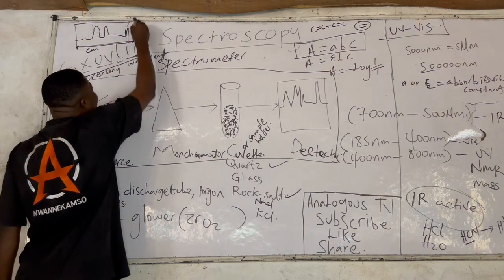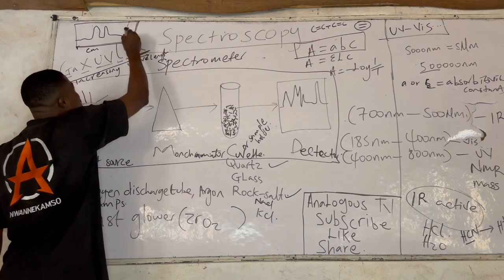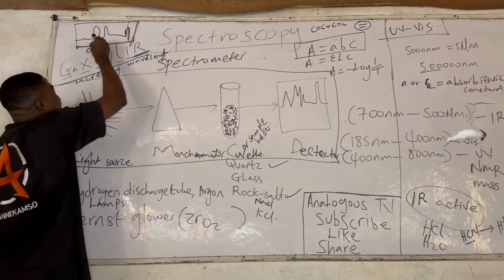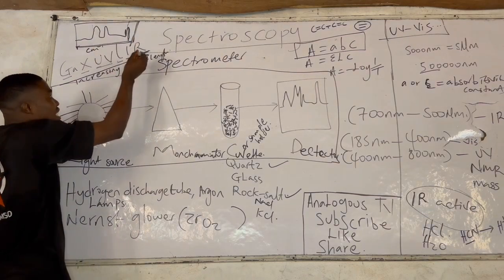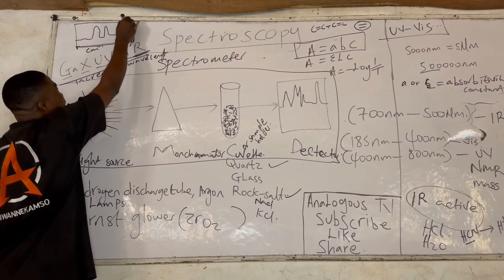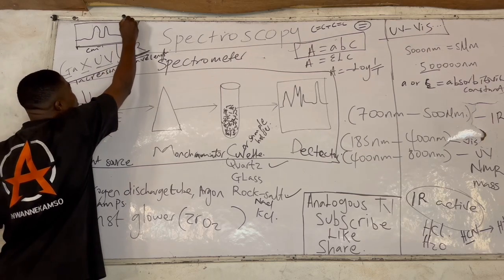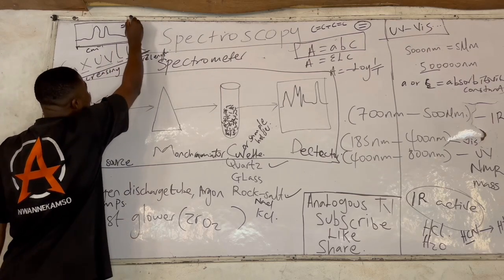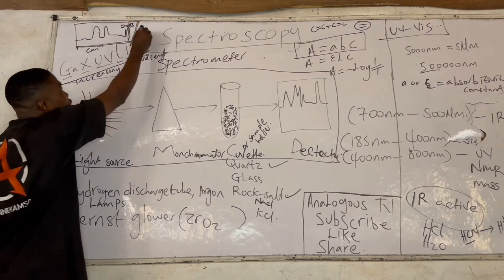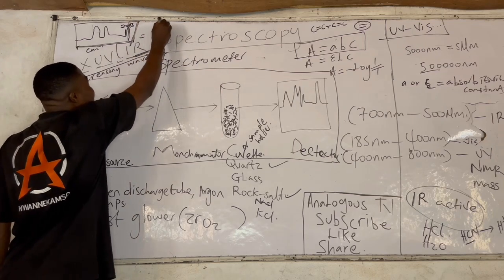Then here is what's called absorbance. So you see it is absorbed at so many per centimeter, depending on the graph. So we'll see, let's say this place can be 2083 per centimeter, which can be unique for a double bond or unique to a triple bond, like that.